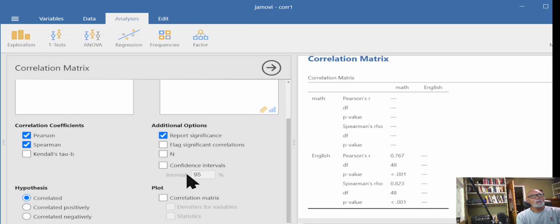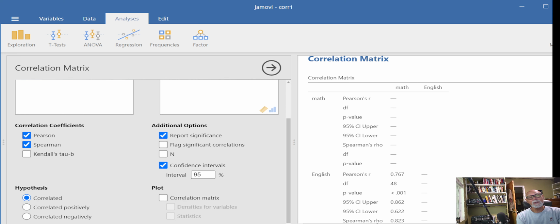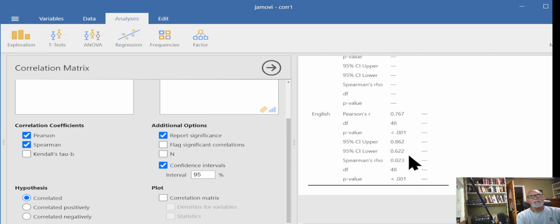If we want, for the Pearson's R, we can get confidence intervals. That tells us that if we pull a sample of size 50, this is what we can expect 95% of the time, that we will get a Pearson's R no lower than 0.622 and no higher than 0.862.